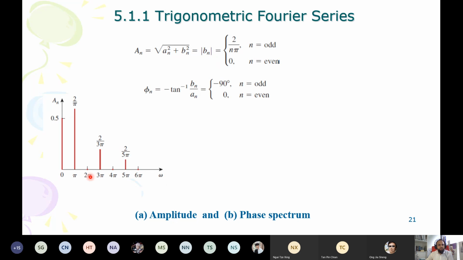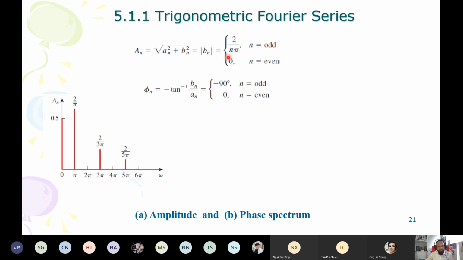For even harmonics, like 2, are the values of An, and for odd, the values of Bn. So pi and 3 pi and 5 pi are Bn. If we put n equal to 1, we get 2 upon pi. So the amplitude is 2 upon pi.